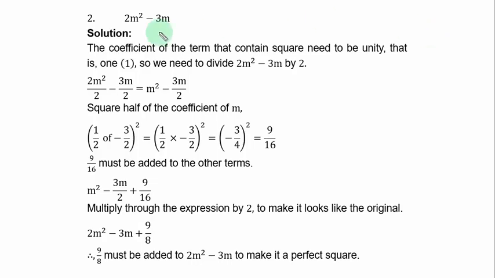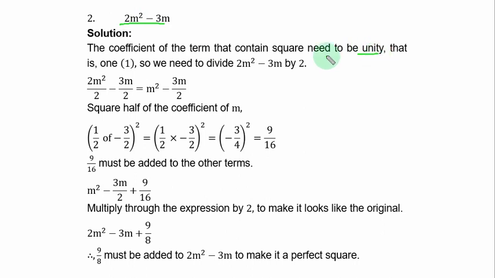Number 2: make 2m squared minus 3m a perfect square. Solution. Remember the first step, the coefficient of the term that is squared needs to be unity, that is, it needs to be 1 for it to be a perfect square.